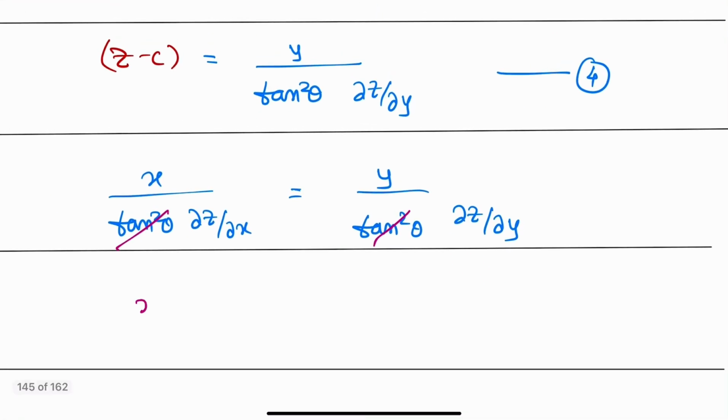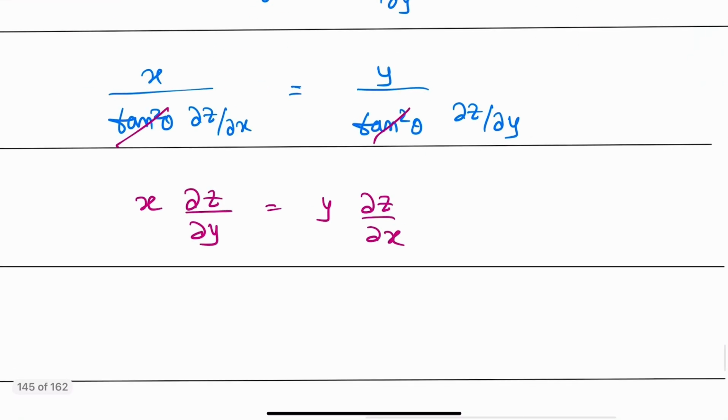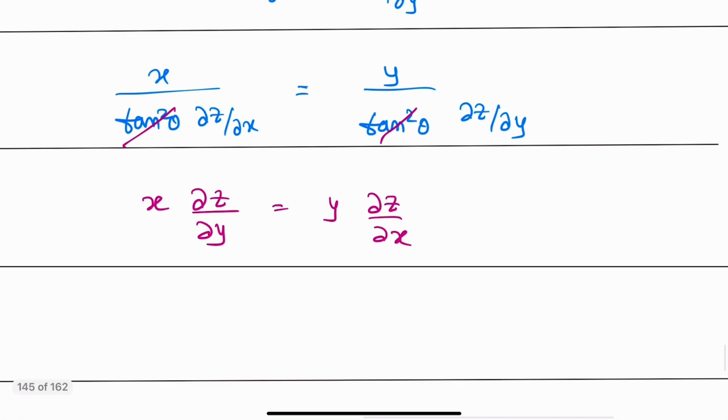So we are left with x into dou z by dou y equals y into dou z by dou x, which again can be written as y into dou z by dou x minus x into dou z by dou y equals 0.